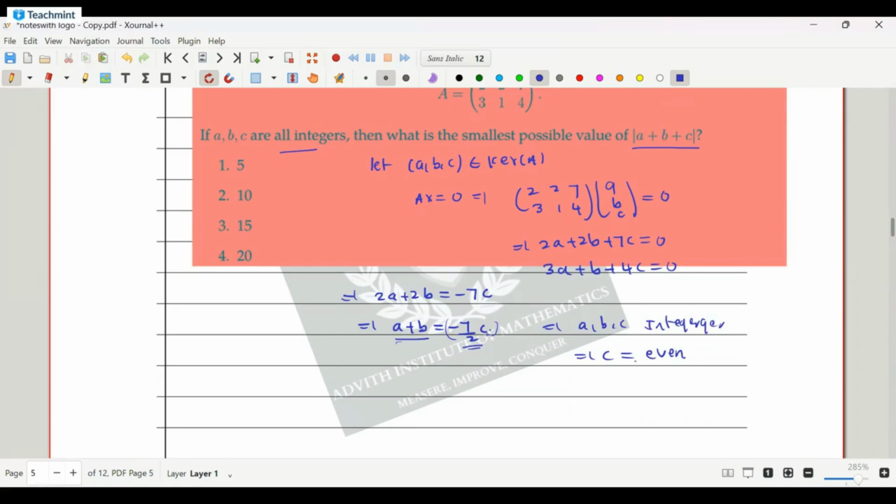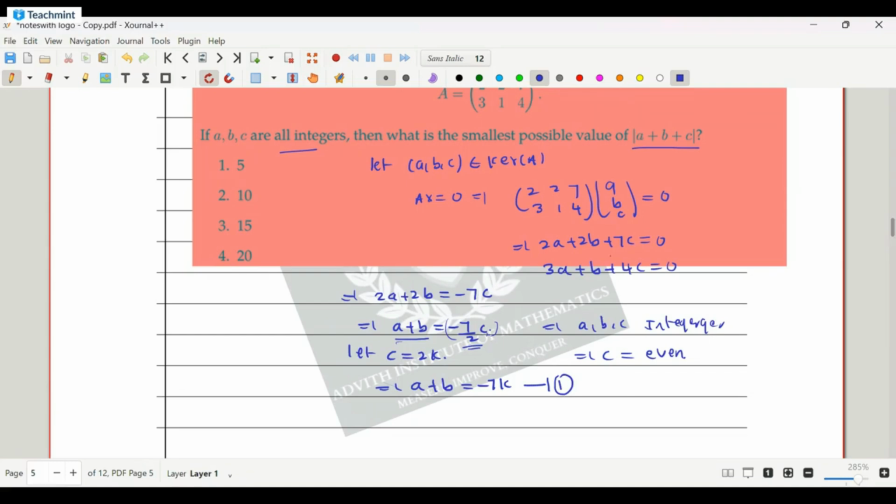So therefore assume that C is equal to 2K. So therefore A plus B is equal to minus 7K, sir. So therefore C is equal to 2K.